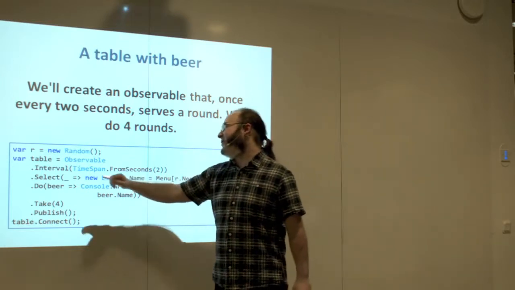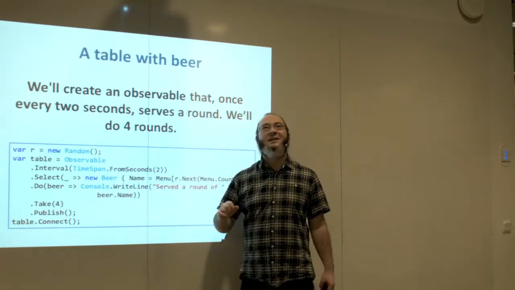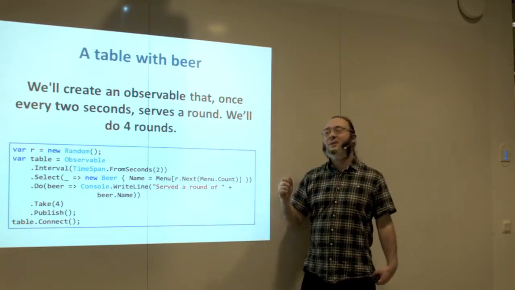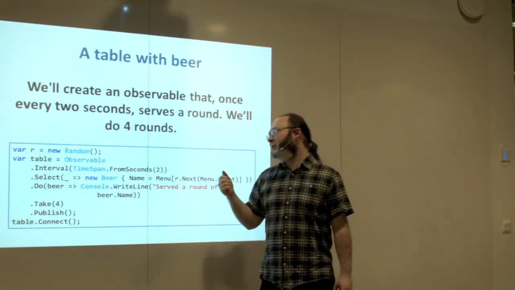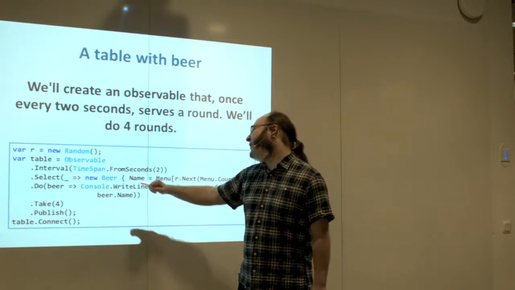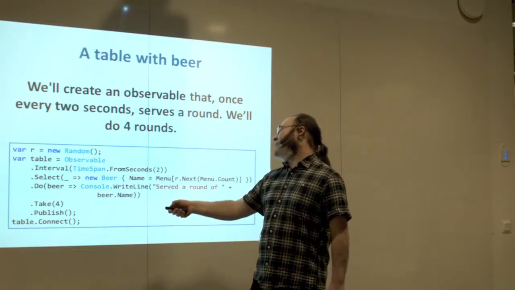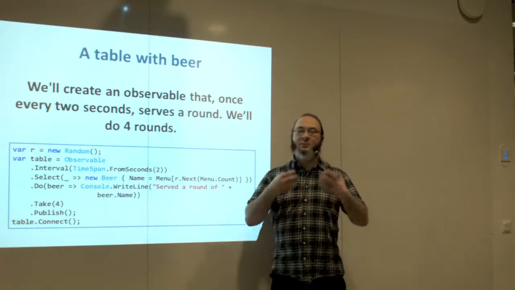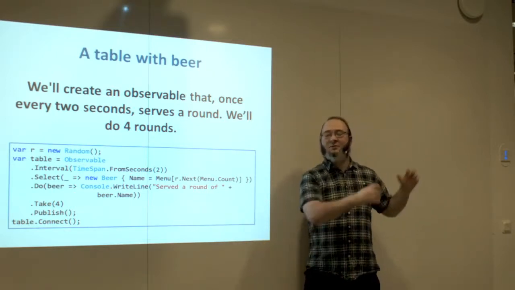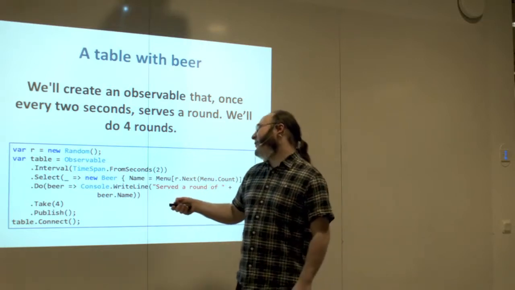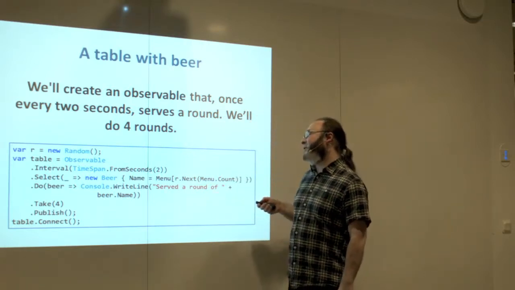It's something that lets us say, at this point in the pipeline, I'd like to just run a piece of code. And sometimes this is kind of useful because what you'd like to do is take what you've got so far and maybe just write it out, either for debugging or maybe you want to log something or something like that. So all I'm doing there is saying serve the round of that drink.